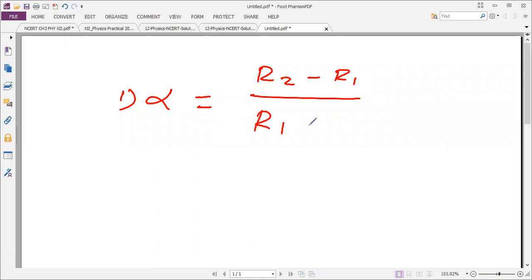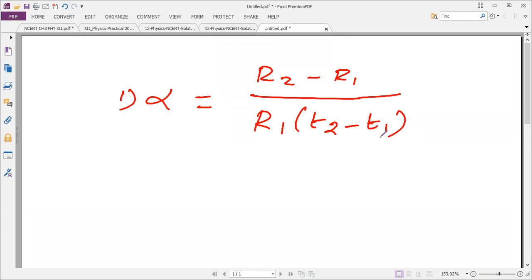Listen. Today we discussed three different kinds of problems. The first one is based on temperature coefficient: alpha is equal to R2 minus R1 divided by R1 into T2 minus T1.